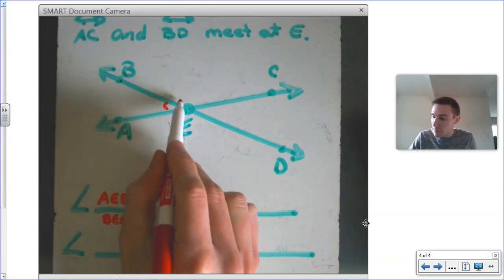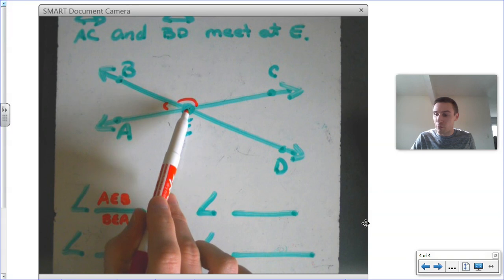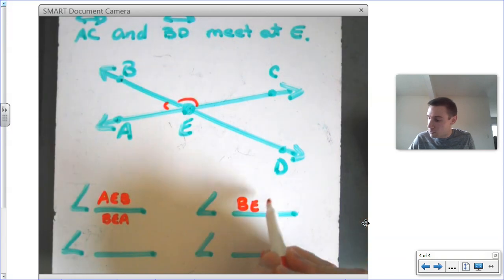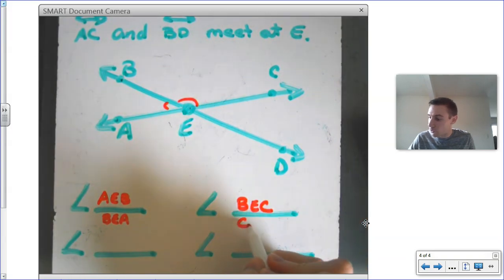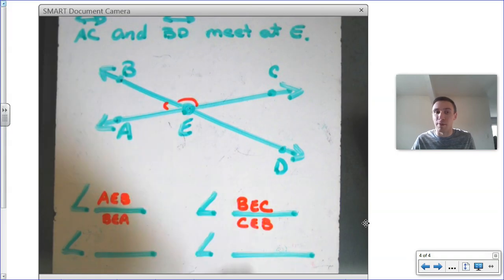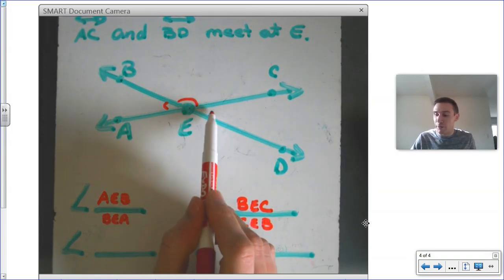Another angle, let's talk about this one right here. That's our intersection point, so we can't start with it. Let's start at B. And I'll go to my intersection point E, and then out to point C. This could also be CEB if I work it backwards, right? Start at C, go to E, go to B. Okay, this third and fourth angle.